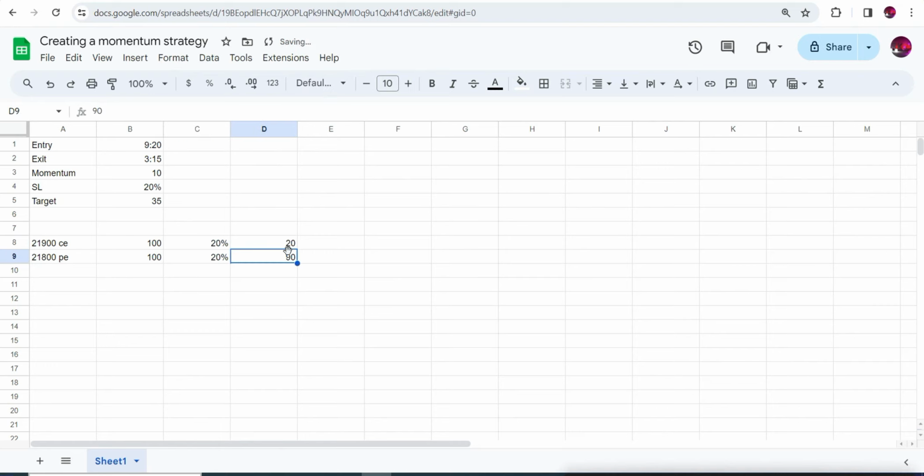Let me enter 20 here, and here also 20. So if the market moves 20%, from 100 to 120, it will take entry. Same for the put side, 20%.